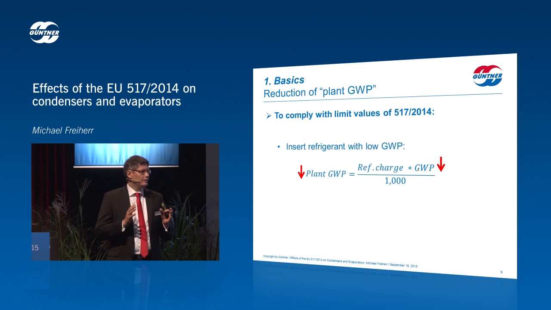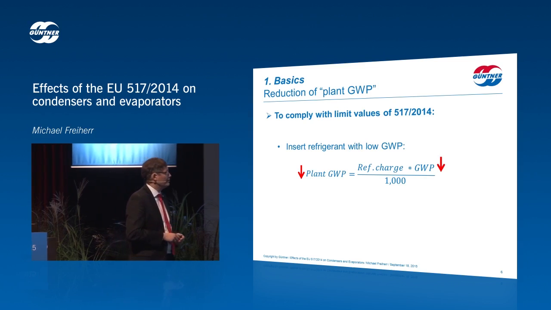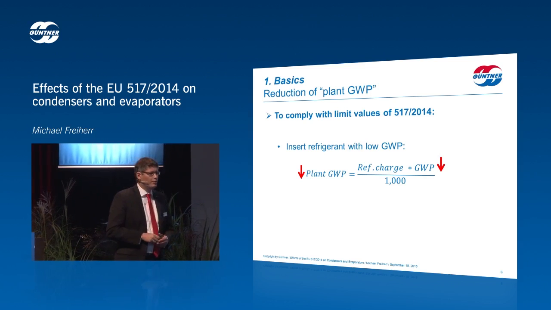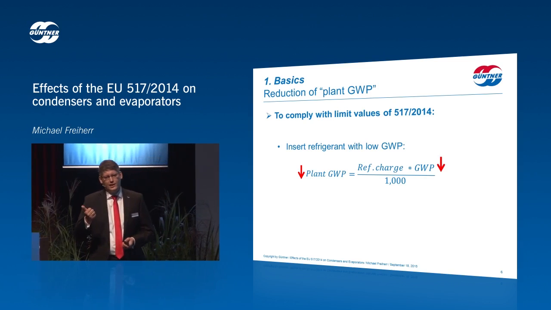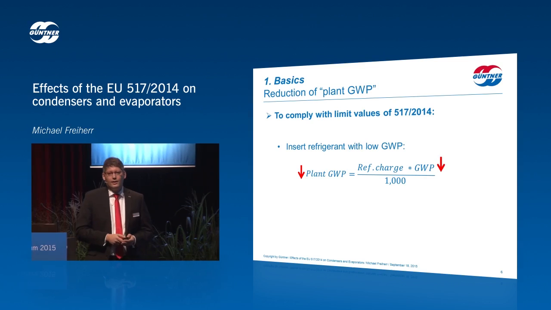Also new synthetic refrigerant blends with lower GWPs, and they're called low GWP alternatives. As this slide shows you, the planned GWP is the charge multiplied by the GWP divided by 1,000 in tons.